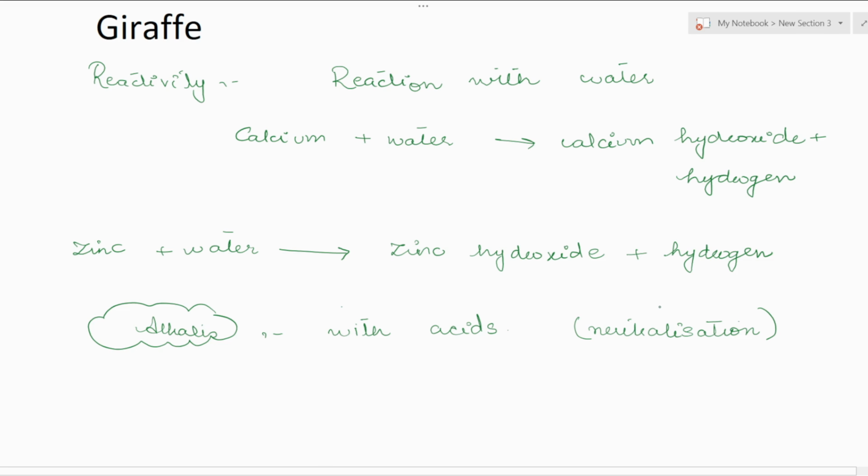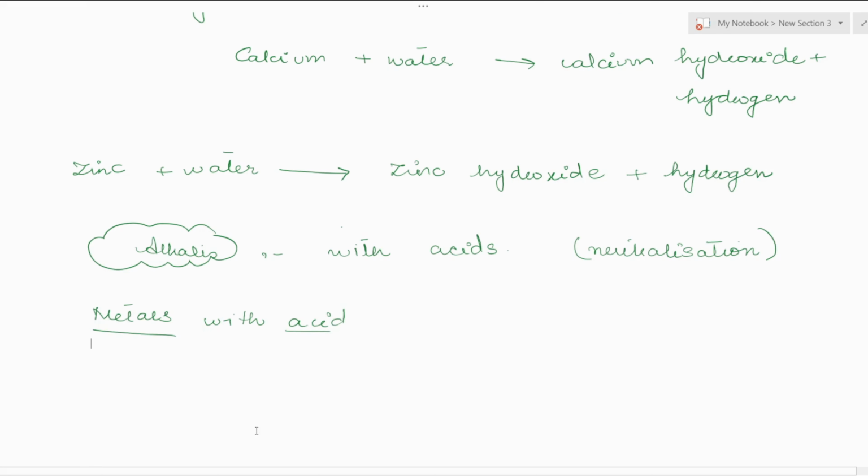Let's move to metals with acids. Now we are talking about metals only. The first metal is, for example, potassium. Potassium plus hydrochloric acid. What could be the product?